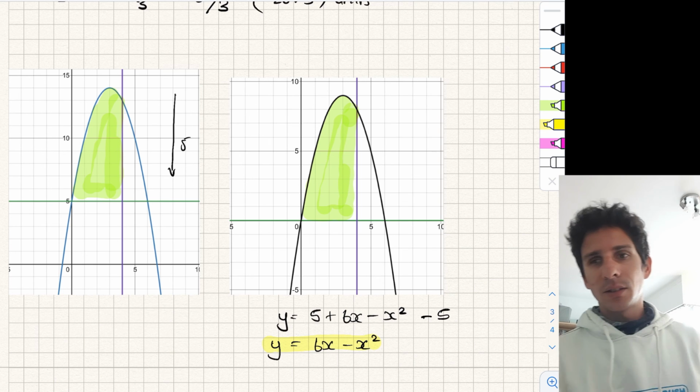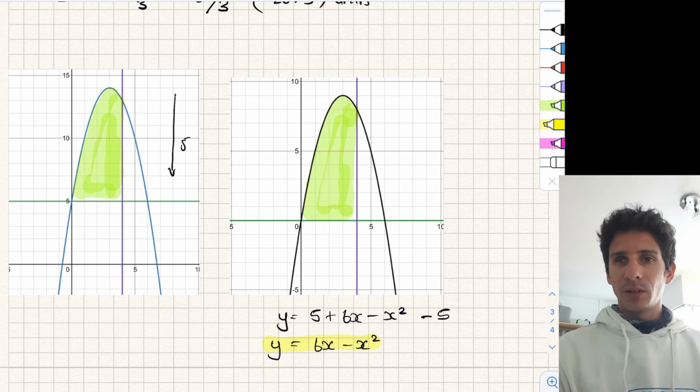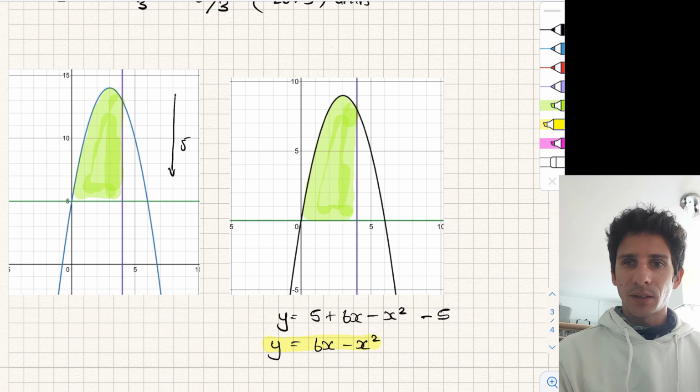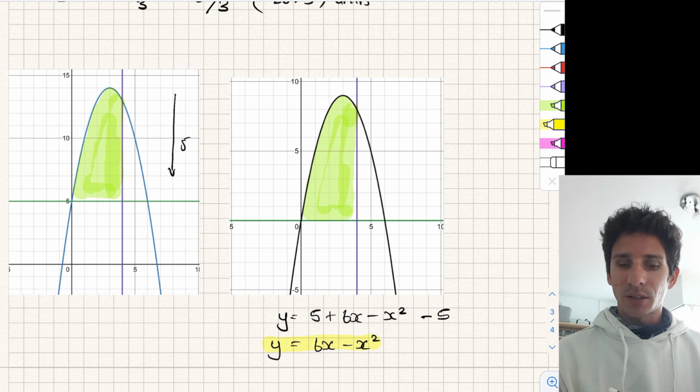This is also why when we're looking at definite integrals, especially between two limits, we don't have to write the constant, because you can see it doesn't matter how high or low I move this graph up and down, the area between those boundaries is always going to be the same, regardless of how high or how low I move the graph.